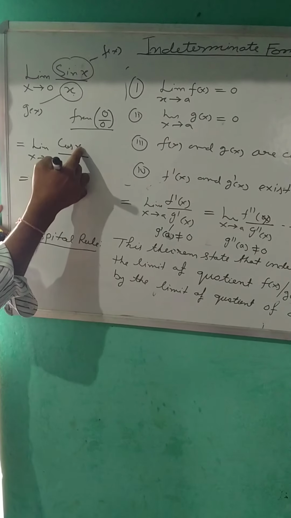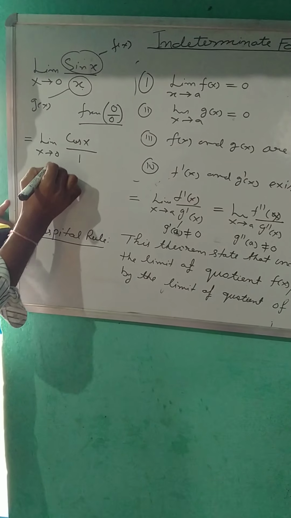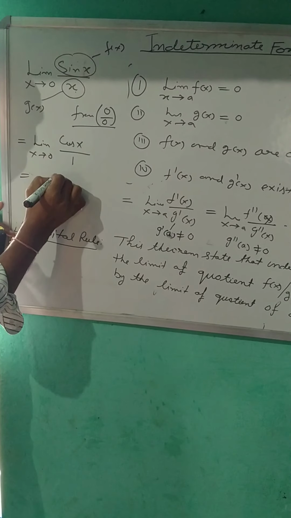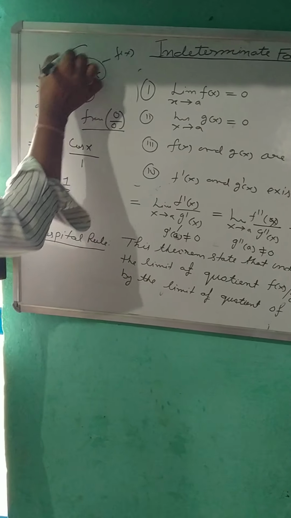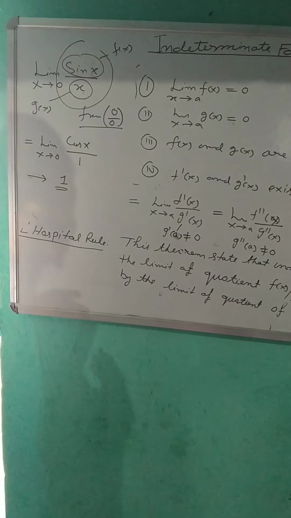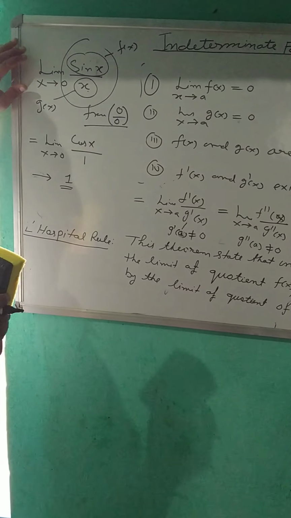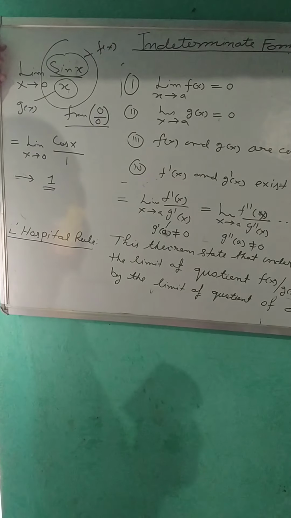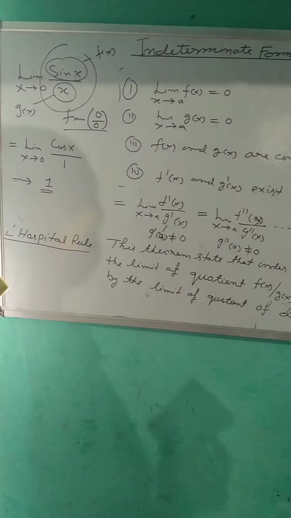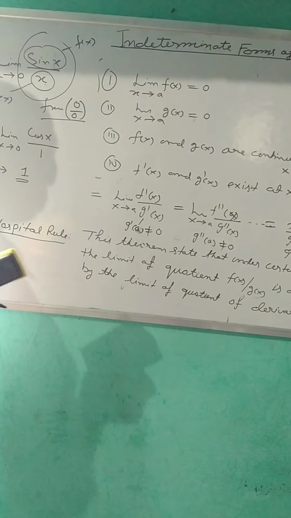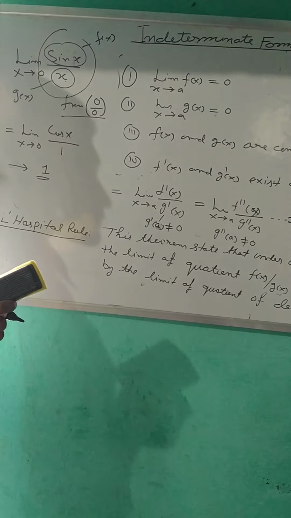When we apply 0 here, cos 0 equals 1, so the limit of this function is 1. This is the basic and very simple example of L'Hopital's rule. Let us take another example in our next lecture. Okay, thank you.